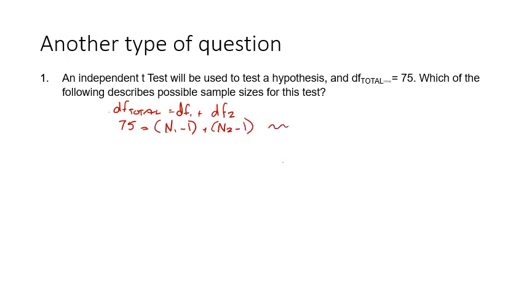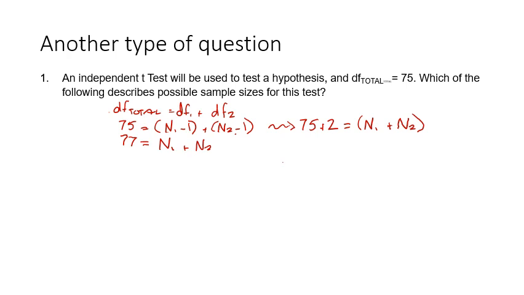We can use simple algebra to get rid of these minus 1s. We can add them to the 75. 75 plus 2 equals n1 plus n2. And so then we have 77 equals n1 plus n2.